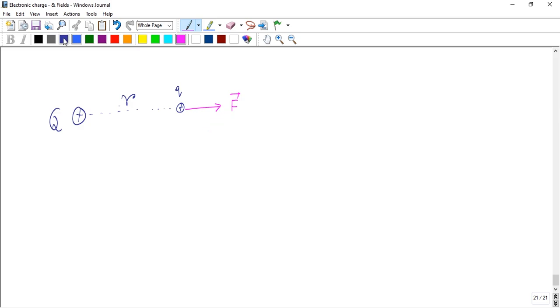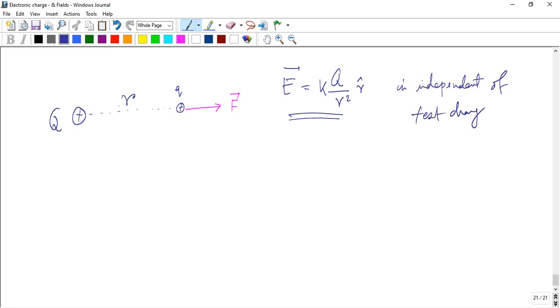We know that the electric field is Q by r square in the r cap direction, and the electric field is independent of the test charge. So the value is E equal to 1 over 4 pi epsilon naught, the permittivity of free space, times capital Q, the source charge, by r square, r cap. That is the electric field.